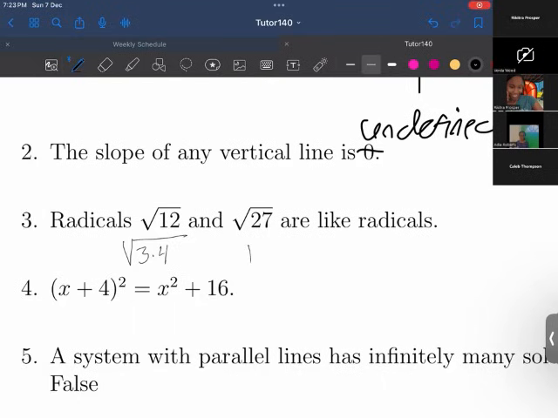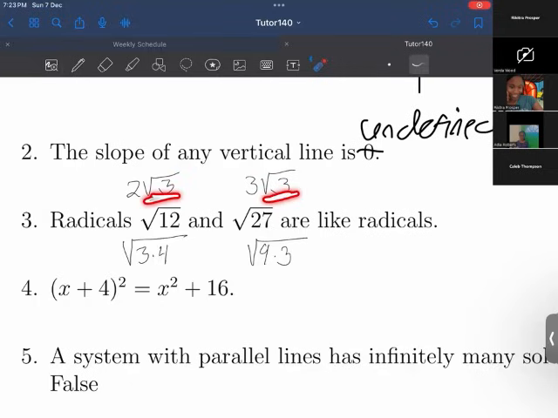And then root 27, we could break that up and say that's 9 times 3. 4 is a perfect square. We could take that out, and that would give me 2 root 3. 9 is a perfect square. I could take that out, and that would give me 3 root 3, because the square root of 9 is 3. So 3 root 3. Because they both have the root 3 with them, they are like radicals. So this is true.